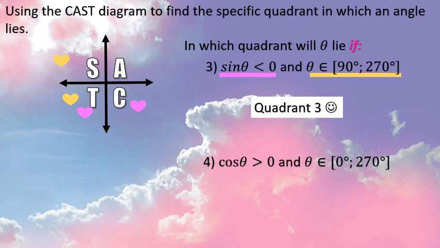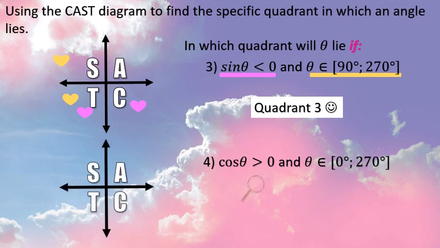Now we are told that cos theta is positive and theta is an element of 0 degrees to 270 degrees. Well, let's have a look using our CAST diagram. Where would cos theta be positive? Quadrant 1 and the C quadrant, quadrant 4.